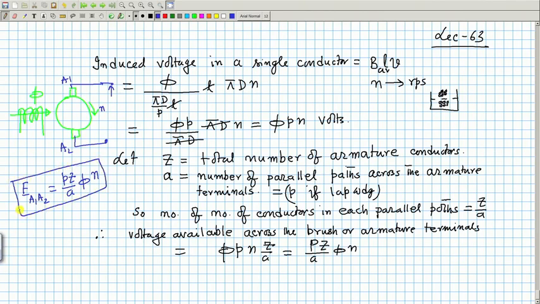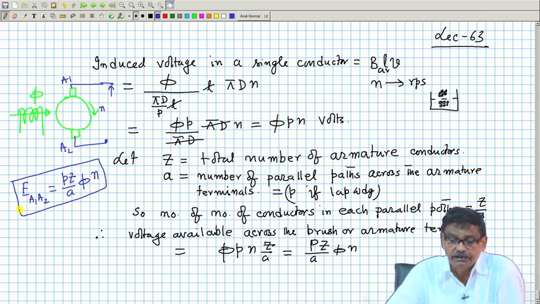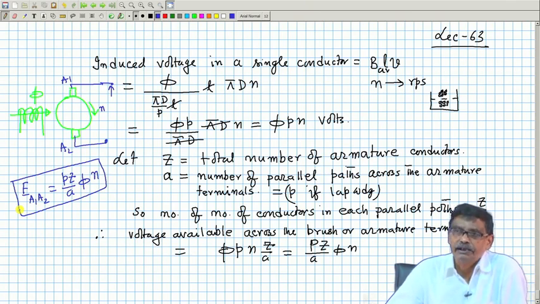If you know the flux per pole, at what RPM or RPS it is running, the total number of conductors, and the total number of poles of the machine, you can easily calculate what will be the generated voltage. Very simple formula. In case of AC machines, we used to have RMS voltage as 4.44 A, phi m, N1, winding factors, this, that, but here everything goes very simple, neat.